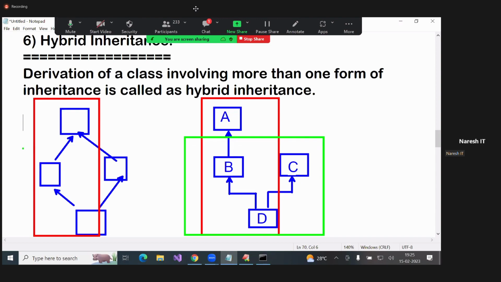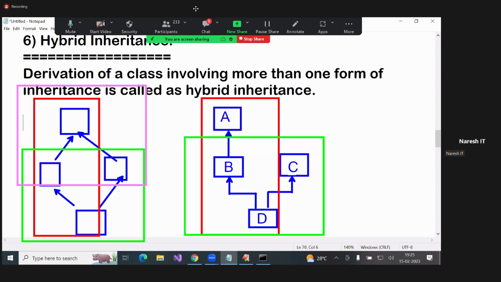If I take only these three, multiple. If I take only these three, hierarchical. Three forms combined, no? That one also you can call hybrid, but this one you cannot call multipath. Got your point?